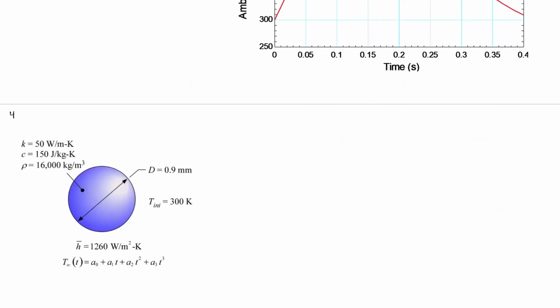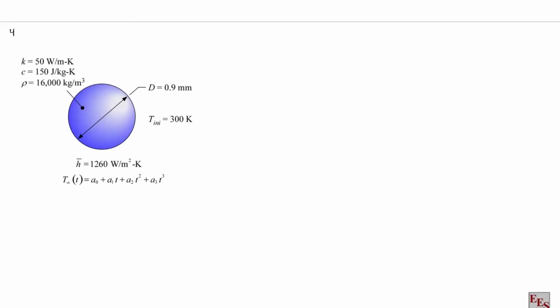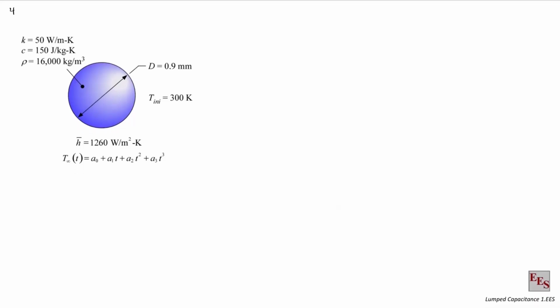Okay, so let's talk through some of the ideas that we need to think about here. This is a 1D transient problem. What do I mean by 1D transient? So typically when we talk about 1D, 2D, whatever, we're talking about spatial dimensions, spatial coordinates.